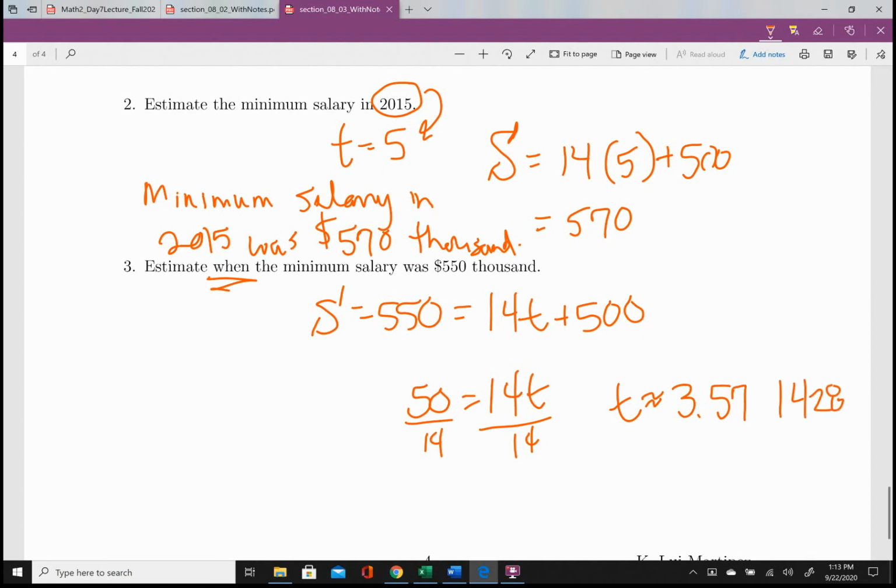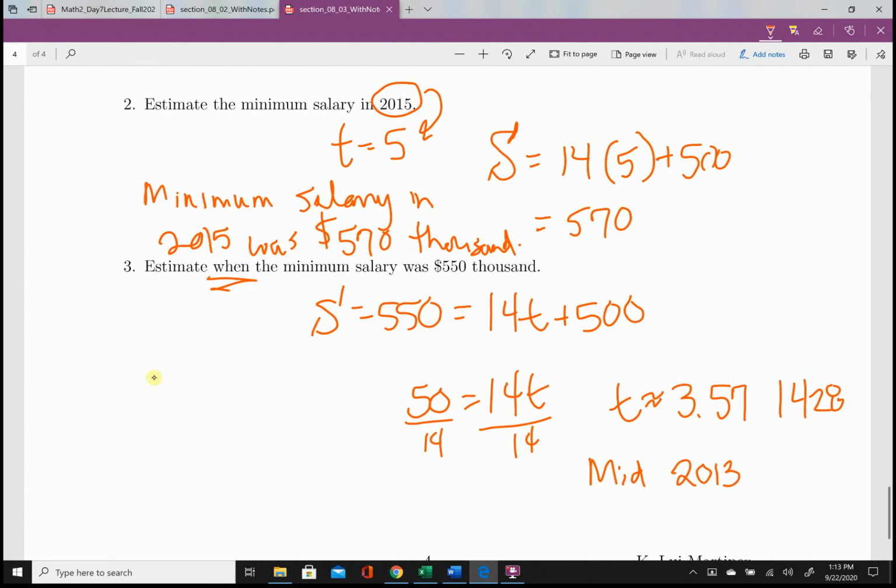3.571428, blah, blah, blah. So it's about 3.5 years. Well, 3.5 years after 2010, because that's what t is representing, is going to be about mid-2013, right? Cool.